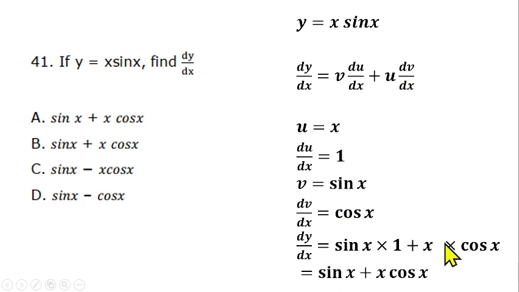If you simplify that, sin x times 1 gives us sin x, and x times cos x gives us x cos x. So I think option A is the correct option for question number 41.